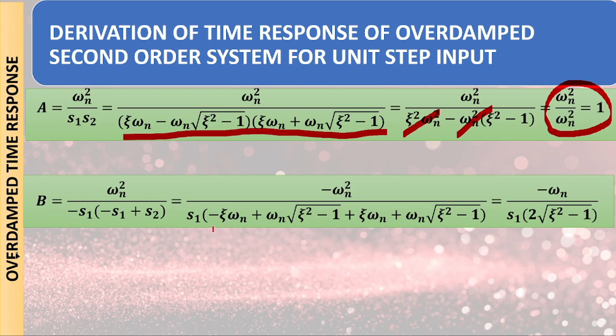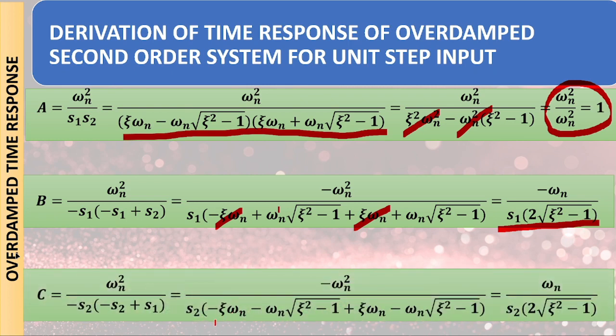Now coming to the value of B, s2 minus s1, if I do here, that will make my expression of B as minus omega n divided by s1 into 2 into root over zeta square minus 1.